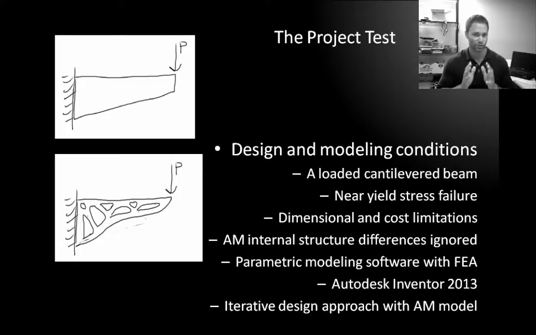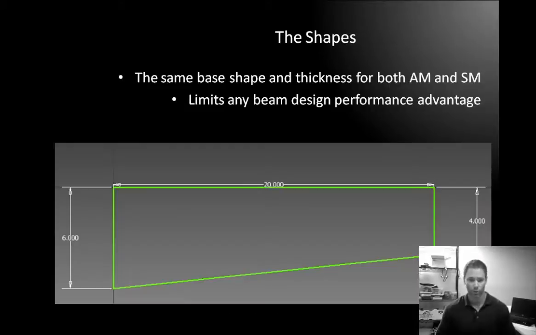Now, we're not going to stress over hitting dead on yield stress or being directly under. We're going to use that as a benchmark to say we're in the ballpark of where we need to be, and exceeding yield stress, as the software reports it, is going to be our baseline for performance. So here are our basic dimensions. The overall part is 6 inches on one side, 4 inches on the other, and 20 inches long.